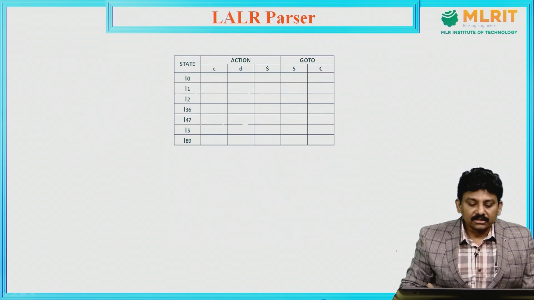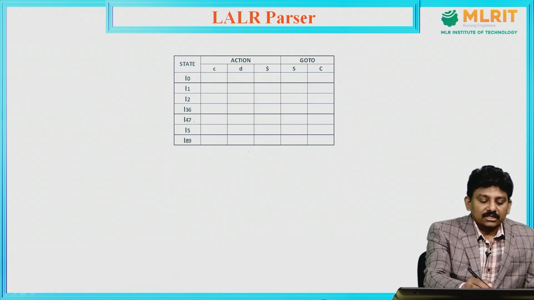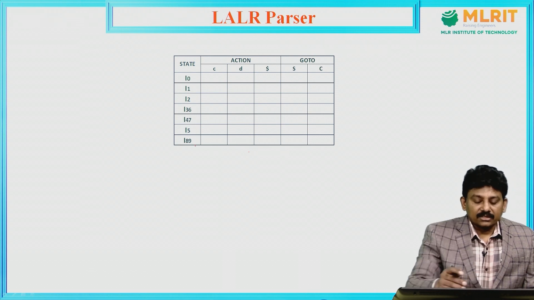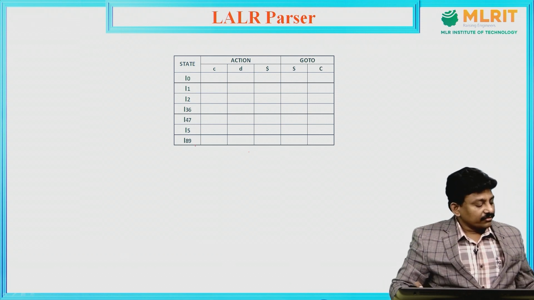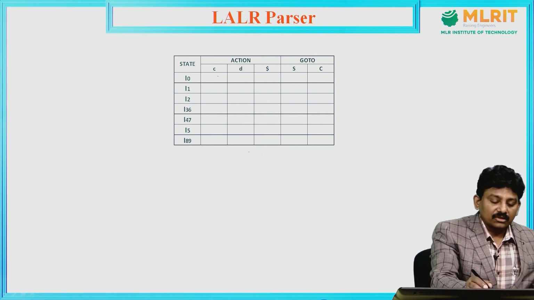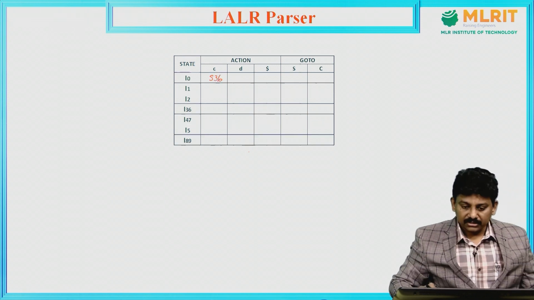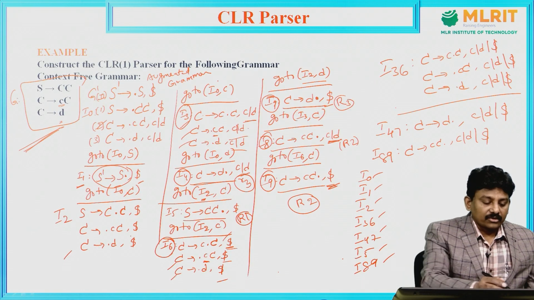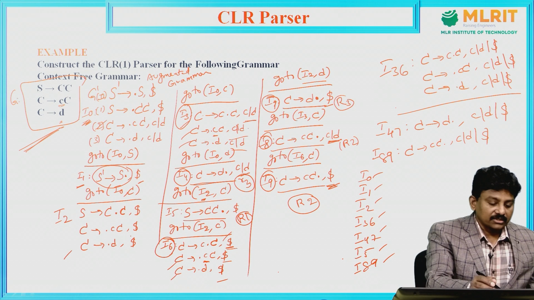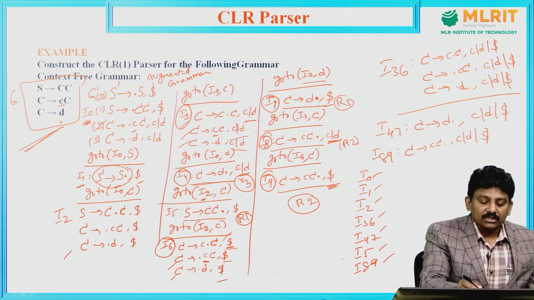I have written here I0, I1, I2, I36, I47, I5, I89. Like that we can fill the table also. From I0 on C going to I36, how it is, I will show you. From I0 on small c, going to C derives c dot C, that is going to 3.